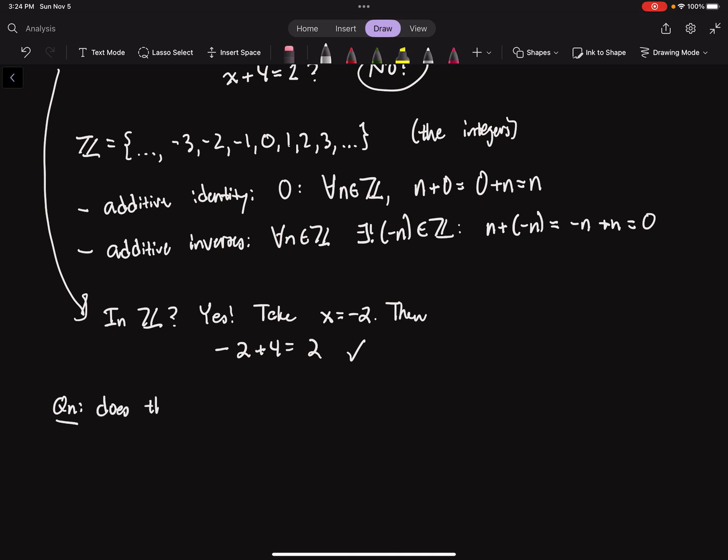Does there exist an integer x such that 2x equals 3? Think about that for a second. The answer is no, of course. You know, there's no way that you can double any integer and get 3. It's just not going to happen.